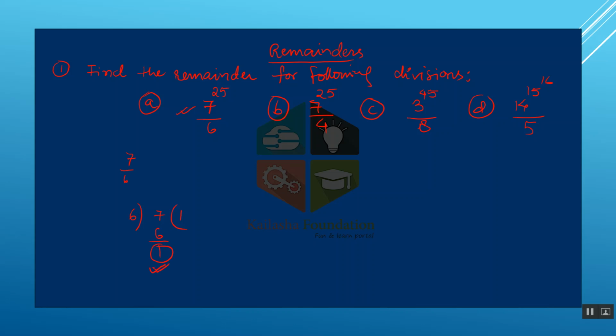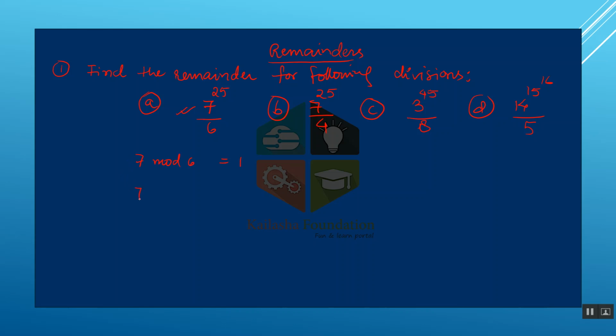If you are using different books or materials of different authors, some write it like this, 7 mod 6, that is 1. 7 divided by 6, remainder is 1.